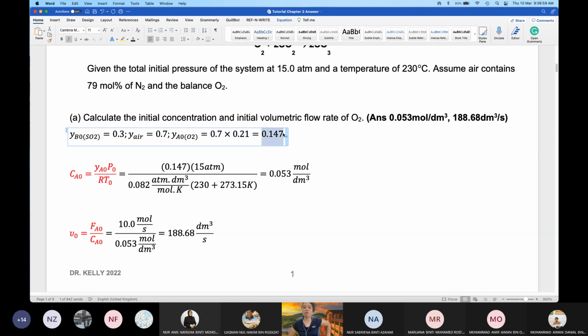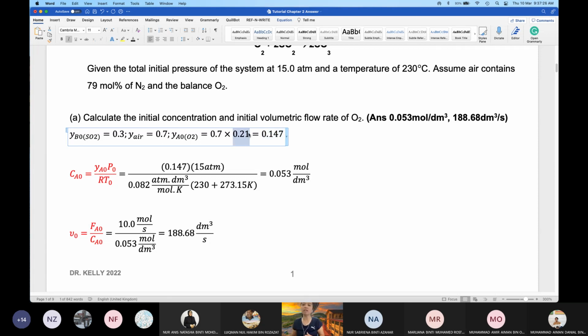Apa maksud 0.147? Maksudnya, dalam keseluruhan gas saya yang ada SO2, ada O2, ada N2, tiga-tiga gas ni sebenarnya, oksigen saya hanya mewakili 14.7% or fraction 0.147. Okay, tu sebenarnya maksud dia. You cannot take directly the 0.21.